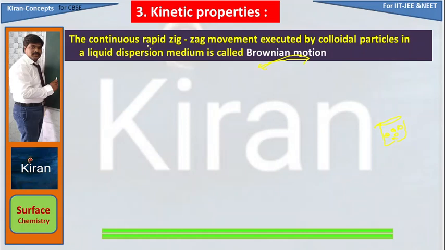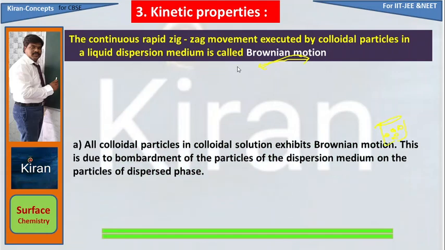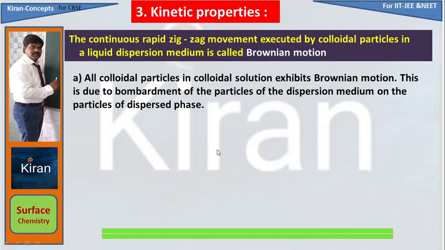The continuous rapid zigzag movement executed by colloidal particles in a liquid, that liquid being the dispersion medium, is called Brownian motion. Colloidal particles in a colloidal solution exhibit Brownian motion due to bombardment of the particles of the dispersion medium on the particles of the dispersion phase.